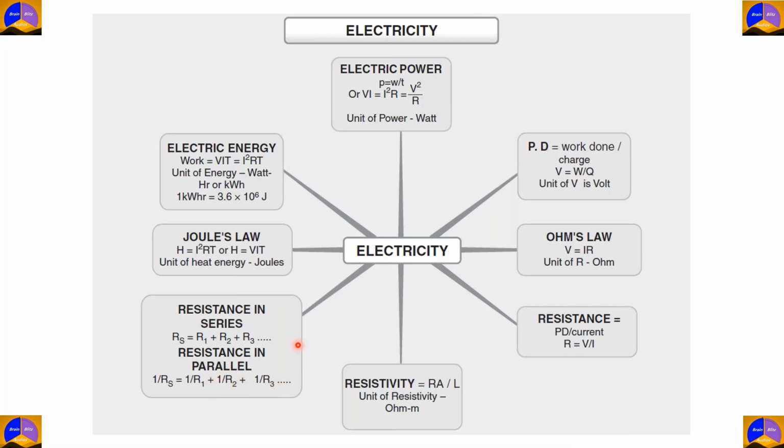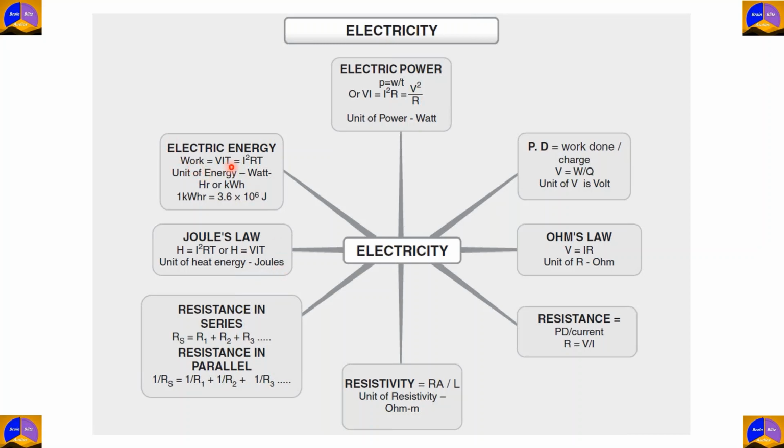and so on. Joule's law of heating states that the heat produced by an electric circuit is equal to I square RT or VIT. I stands for the current, V stands for potential difference, and T stands for time. The unit of heat energy is joules. Electrical energy.